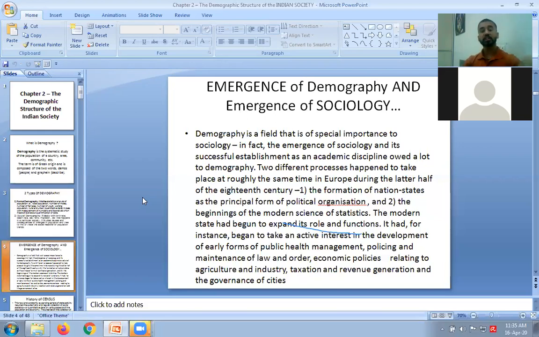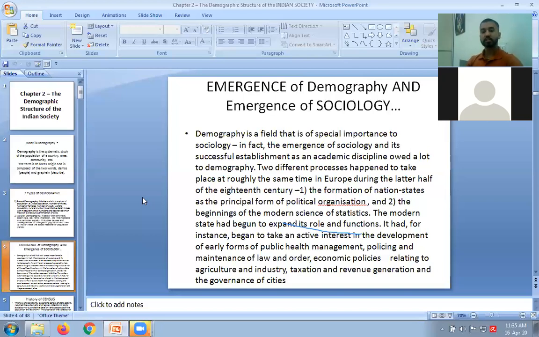So the territories were being set up, and countries were becoming aware of their territories. So there was a consciousness of keeping a particular territory. So all the countries were trying to formulate their territories, and them converting their territories into states. So the formation of nation state was actually going on, and it was the principal form of political organization.